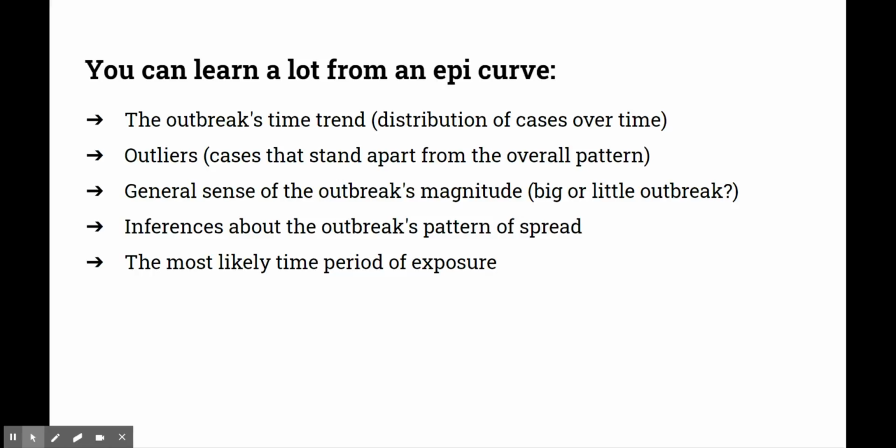Is it a little blip? Does it not go up that much, or does it start spiking really high? This also gives you an idea of when the outbreak likely started, and if intervention and control measures like the whole shelter in place stuff are working.